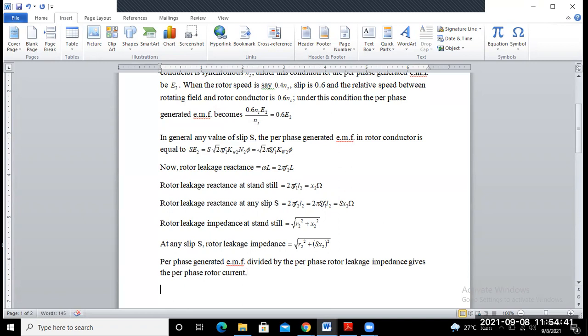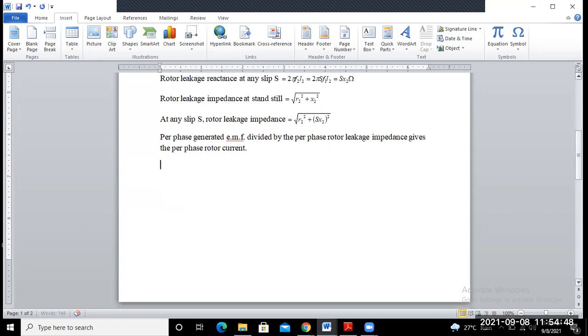So the per phase current at standstill, how can we represent that? It is the EMF induced divided by impedance.